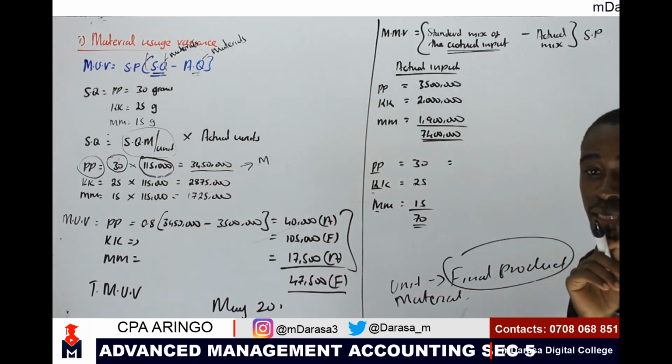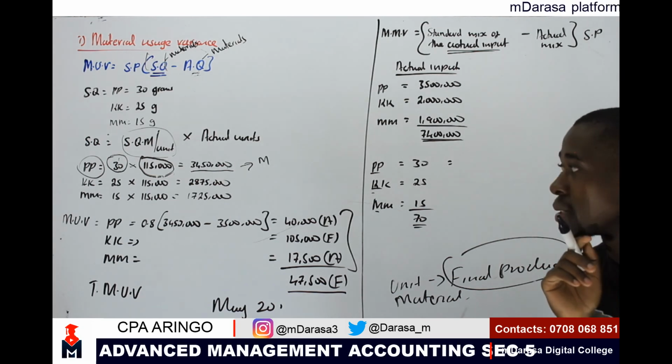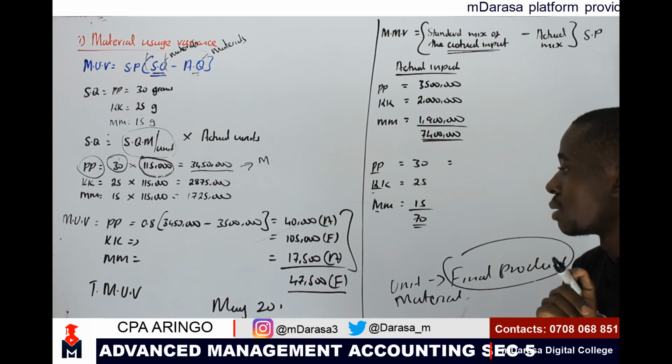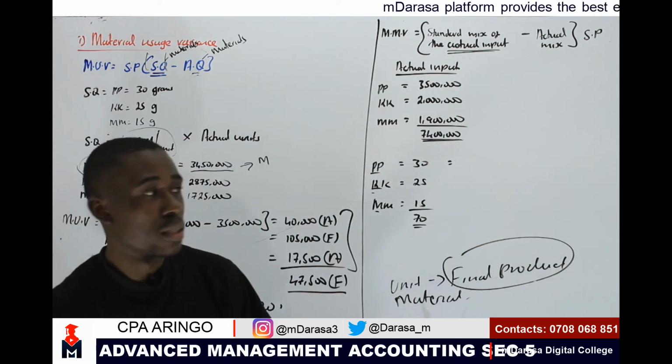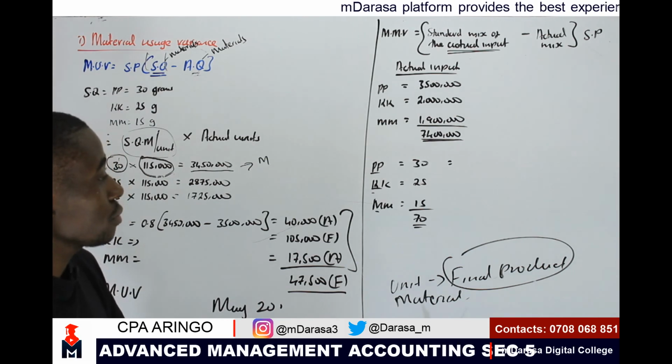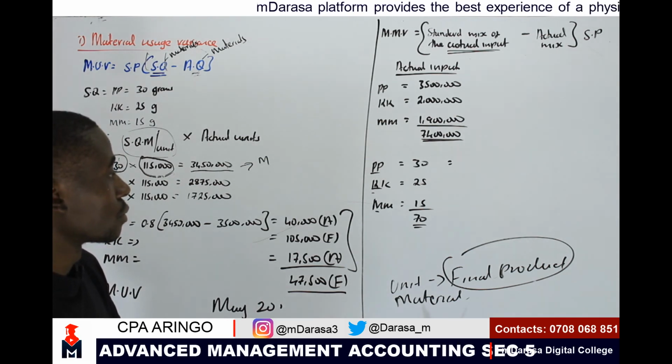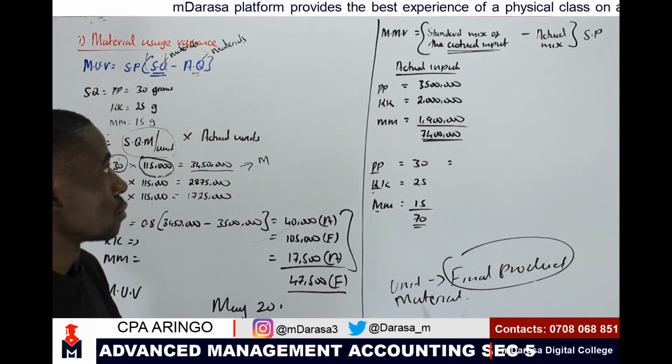Yes? Actually, I'm thinking it's pretty much the same thing, because what we're looking for in this standard is to find out the proportions, more or less like a ratio that you use per material.